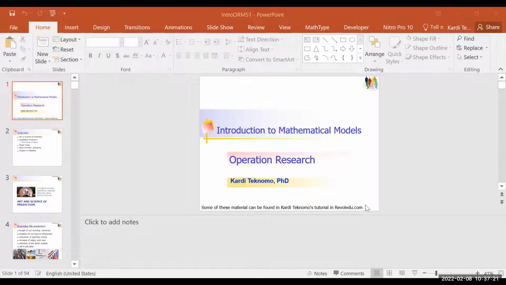Okay, so let's start with our first material. You can also get it from Lentera. So, Introduction to OR. Okay, so here it is.